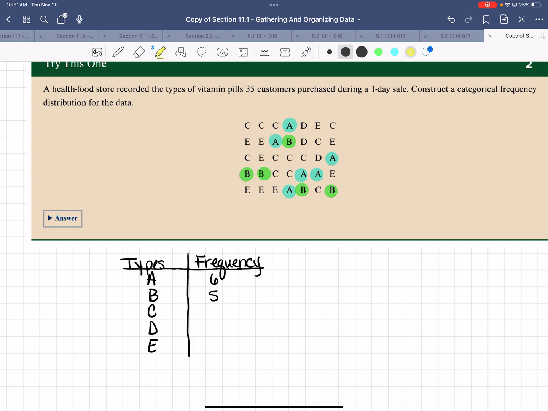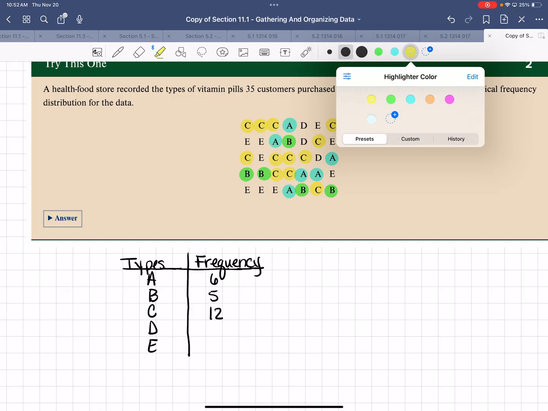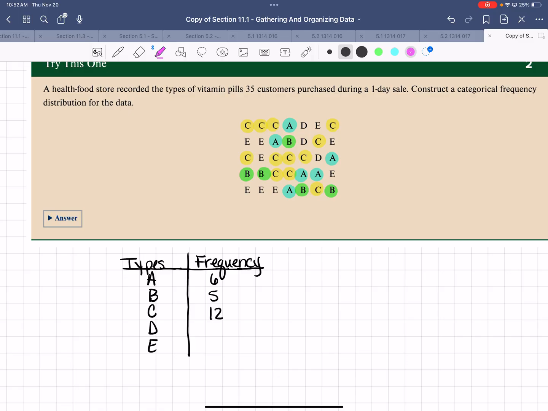C, I've got 1, 2, 3, 4, 5, 6, 7, 8, 9, 10, 11, 12. 12 C's. That one seems pretty popular. Okay. Let's do D. 1, 2, 3. Only 3 D's. Yep.